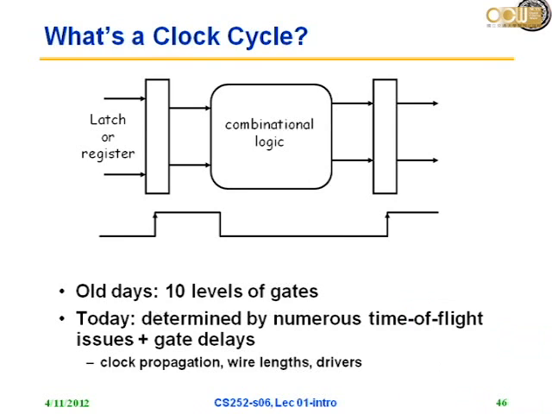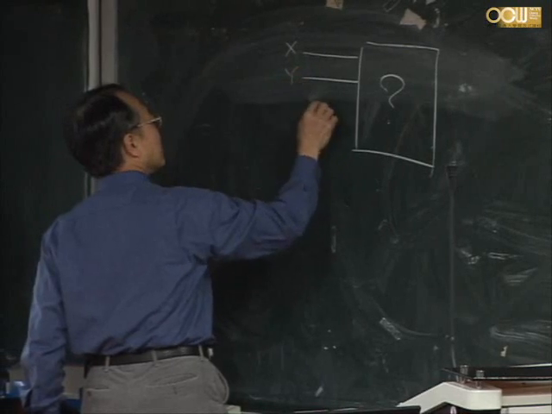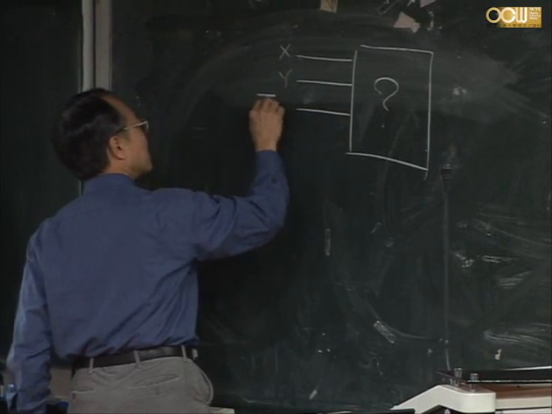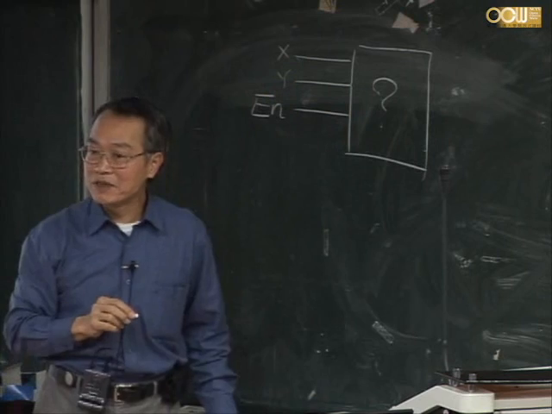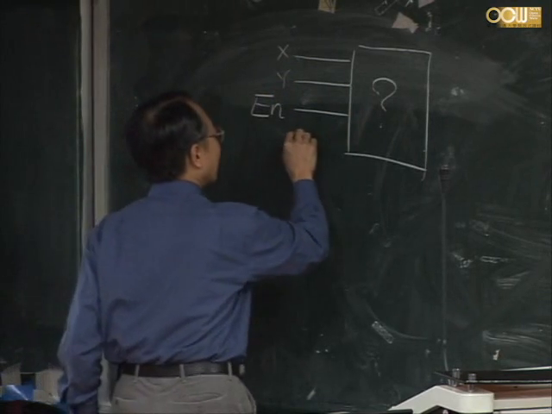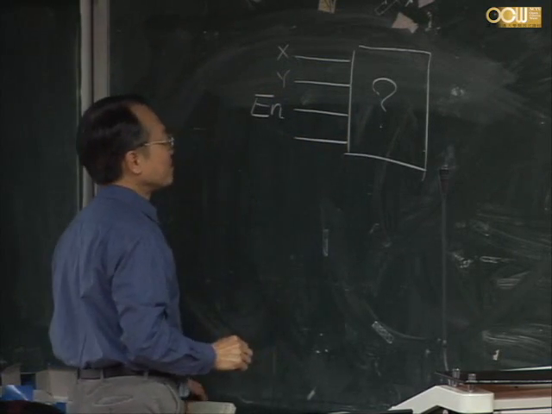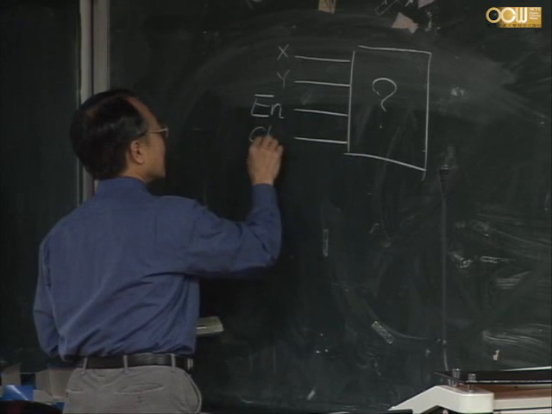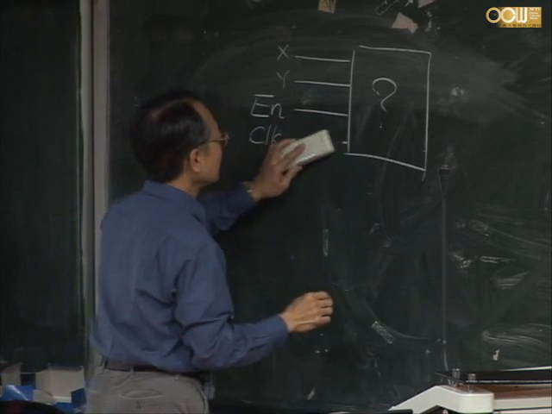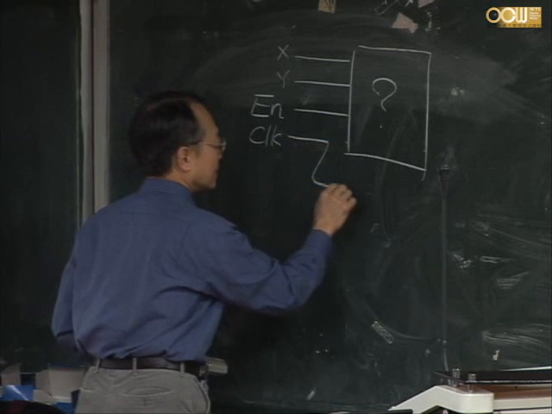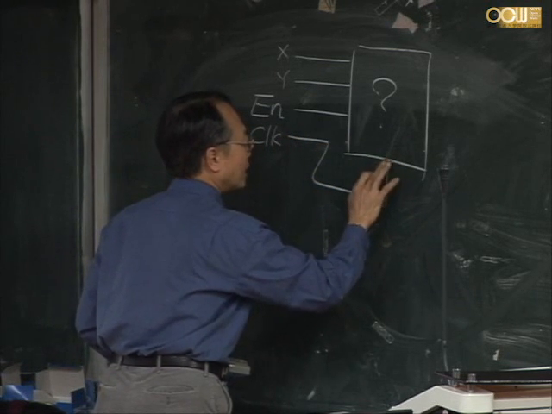Okay, let me draw you a gate. If this is a gate, this is a circuit, an unknown black box. We have X input. Sometimes we have Y input. We have something called enable. Have you heard of enable before? And we have clock. Whoops, some people draw the clock here, and some people wire it to here.